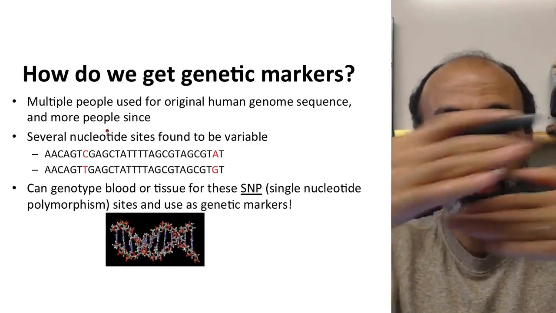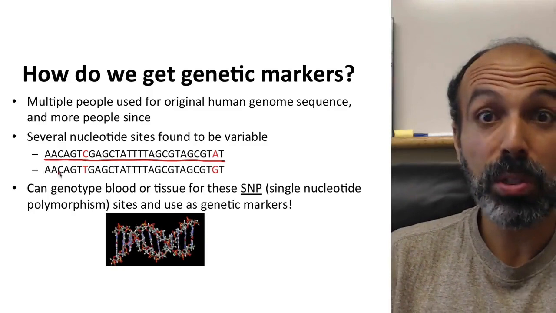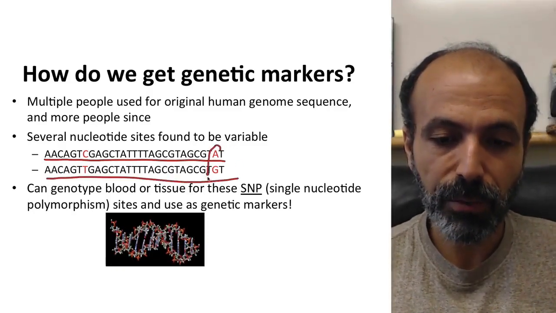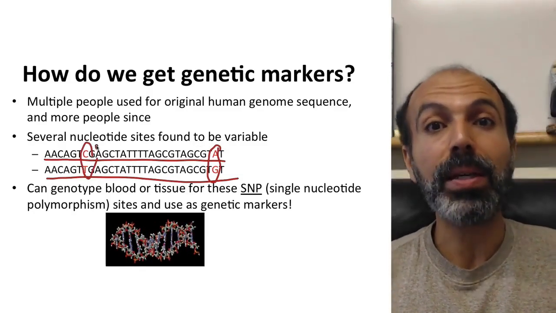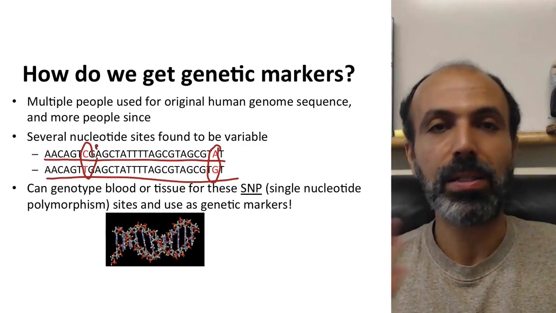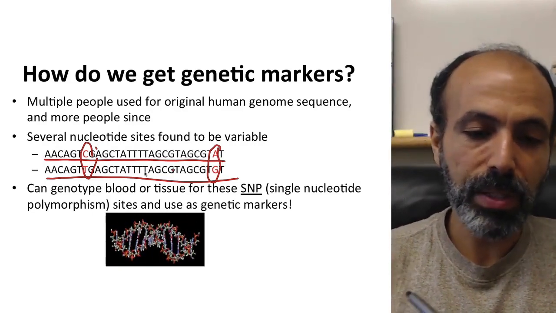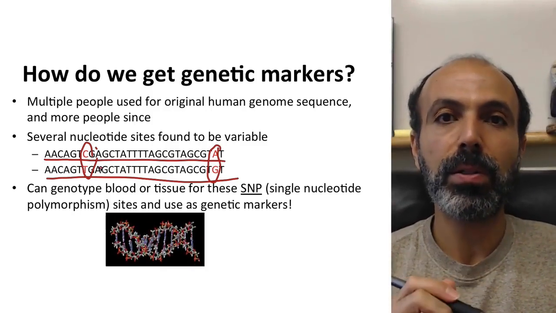You can basically put the sequences together and say, well, here's a stretch of sequence from one individual, here's a stretch of sequence from another individual, and look, there's a few bases that we see are different between individuals. Any pair of individuals will have a couple of base differences, as long as they're not identical twins, for example. So here we can say, well, this is a difference, this is a difference. We can use those as potential genetic markers.